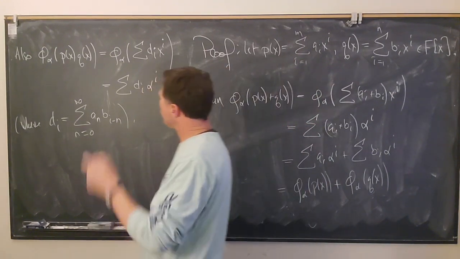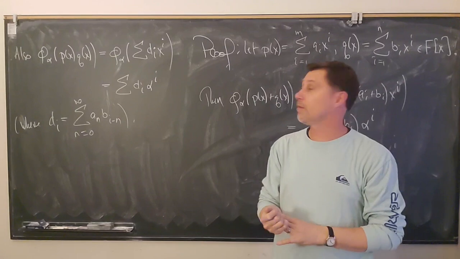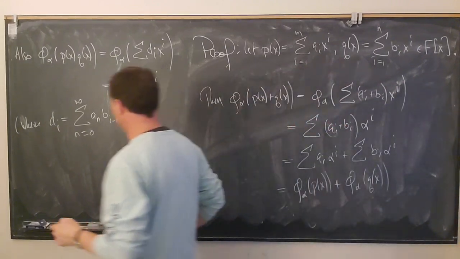Now I need to compare this to phi sub alpha of p of x times phi sub alpha of q of x. So let's just write that out.